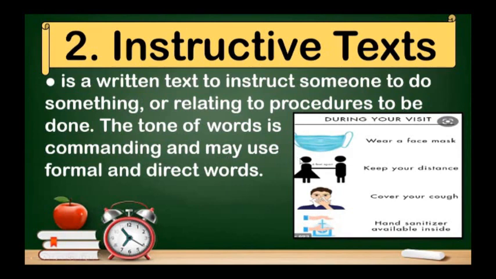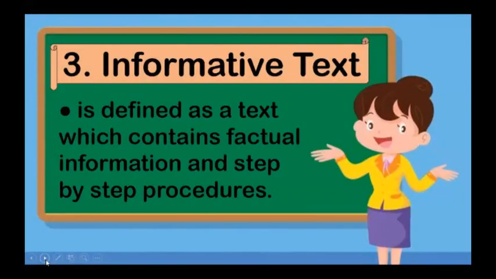And these particular images or text are commanding us or telling us what to do, instructing us that these are the things we should do. Other examples of instructive text will be given a little later. We will move to the next slide, which is about informative text.